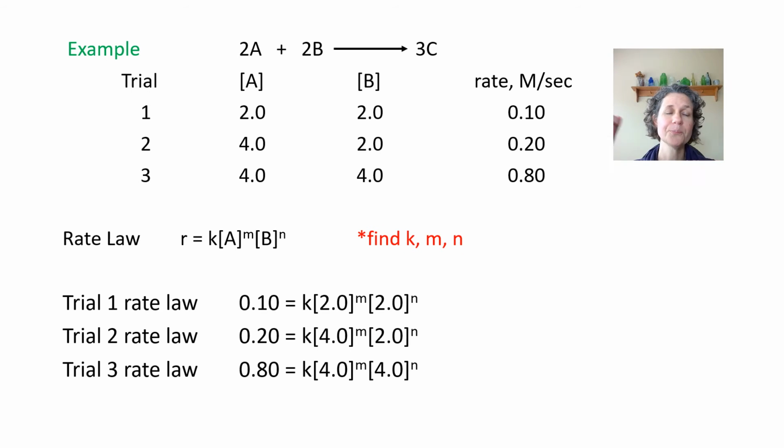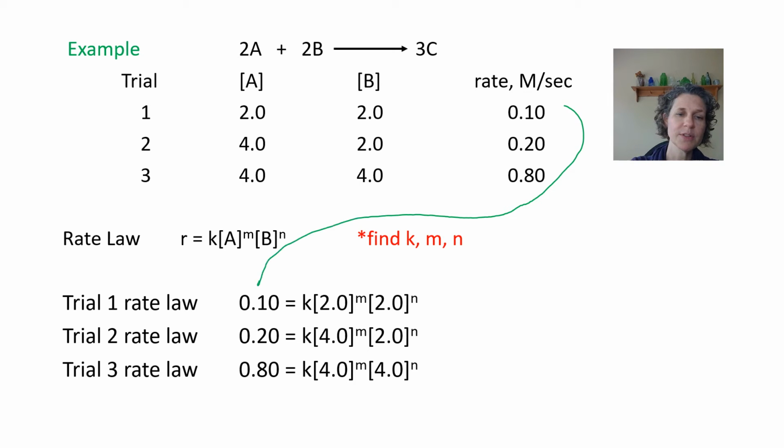Okay, so here's our same example, so don't rewrite this if you don't need to. What it looks like if you plug things into the rate law is what I have there for trial 1, trial 2, and trial 3. I'll draw arrows, this might get kind of messy, but I just want you to see where everything's coming from.